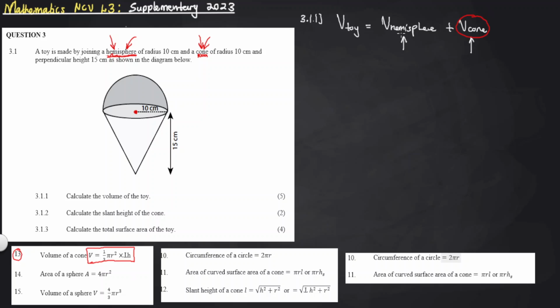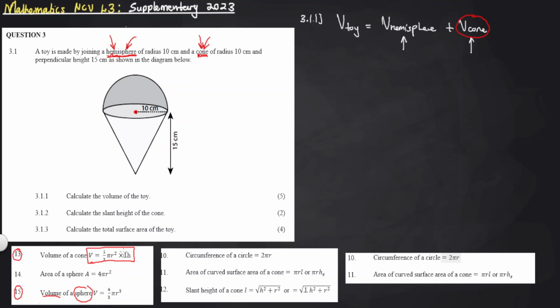Next would be getting a formula for calculating the volume of a hemisphere. It's definitely going to be formula number 15. But take caution: formula number 15 calculates the volume of a full sphere, a full ball.